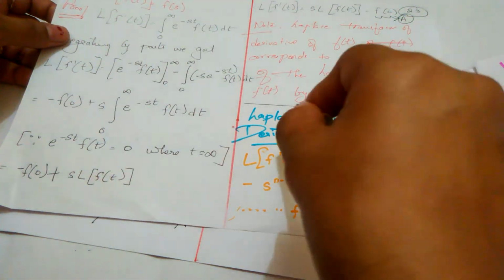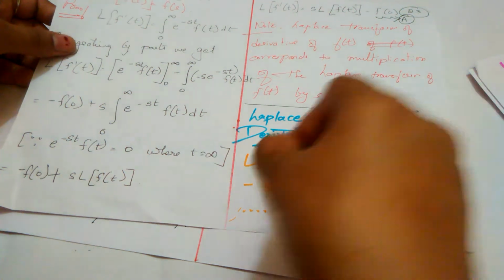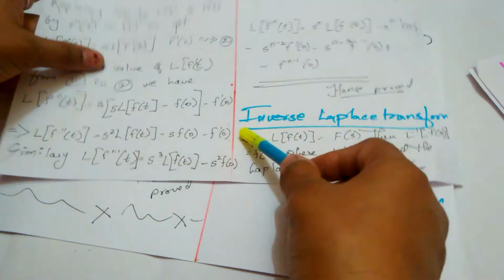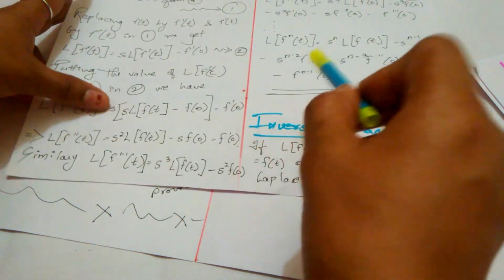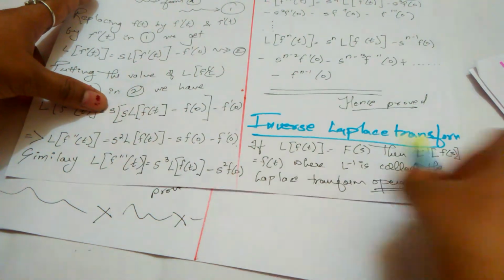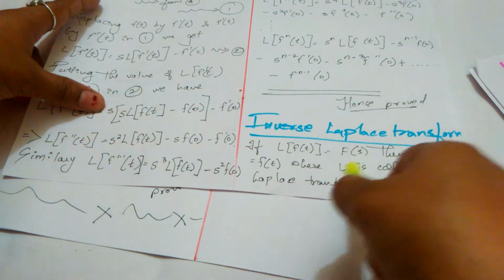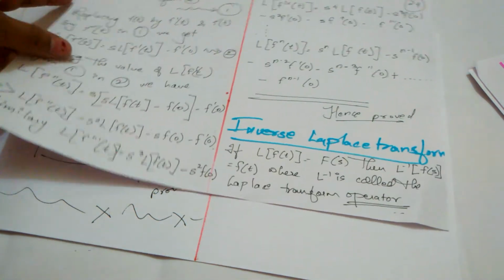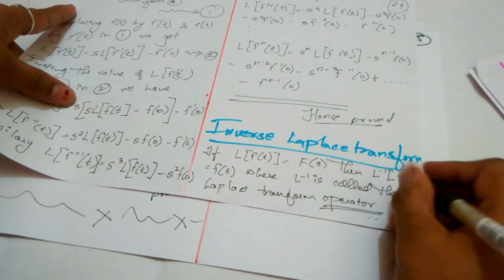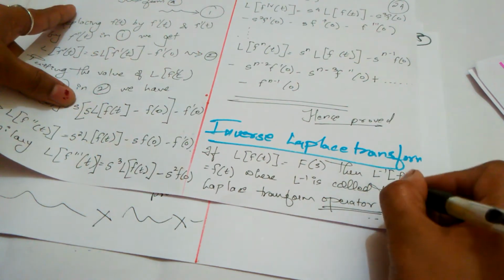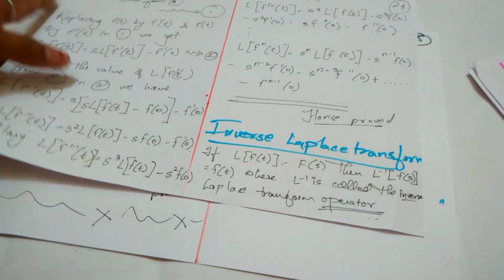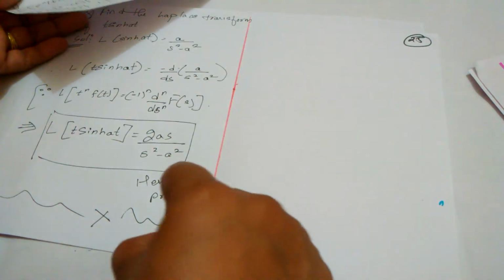Then the Laplace transform of the derivative of order n. And last but not least, we have the inverse Laplace transform. What is inverse Laplace transform? This L inverse is called the inverse Laplace transform operator. And we have done one proof.